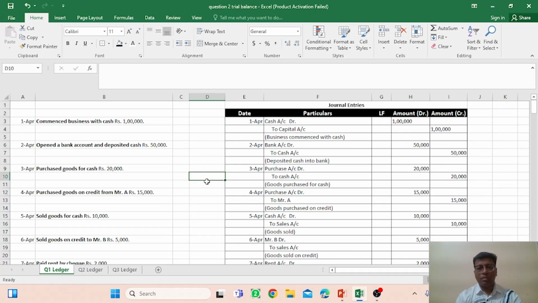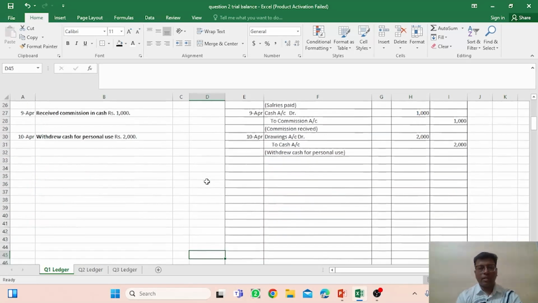You don't make the purchase account twice, because two times is given to you in this particular entry, cash transaction and the credit transaction. But in the single ledger account you have to post these entries, right? So purchase account already we have prepared, and Mr. A and Mr. B account, and rent and salaries account.